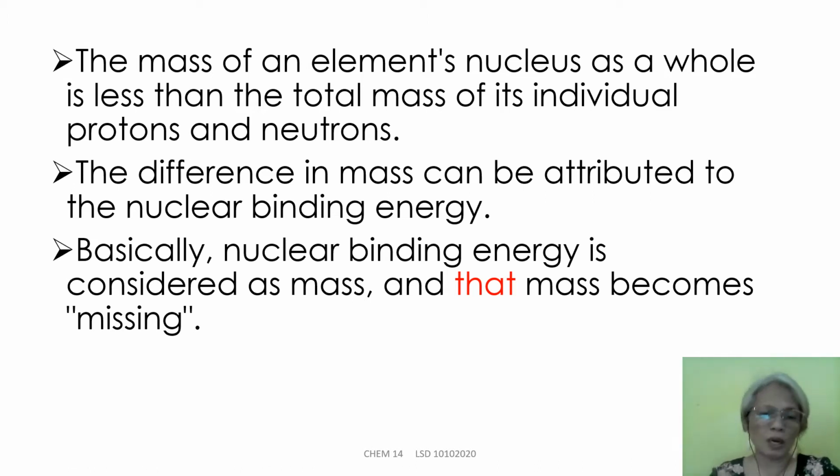Sabi ng mga physicists, the difference in mass can be attributed to the nuclear binding energy. So basically, ano yung binding energy? That's the minimum amount of energy required to disassemble the nucleus into its component parts. So sabi nila, the nuclear binding energy is considered as a mass, and that mass becomes missing. Nawawala daw.